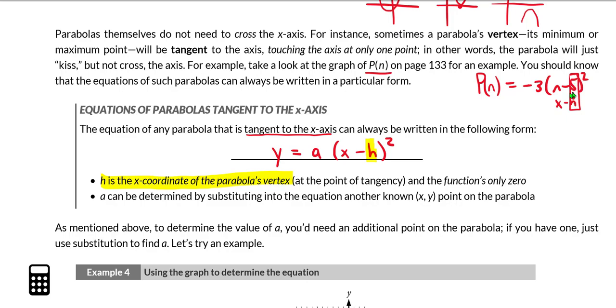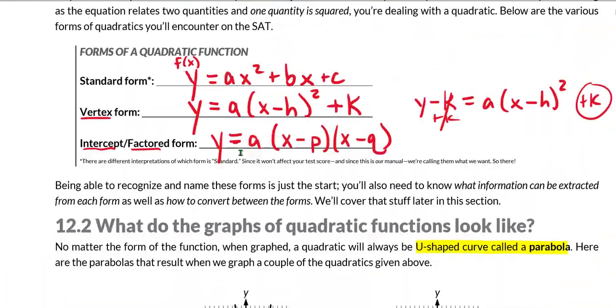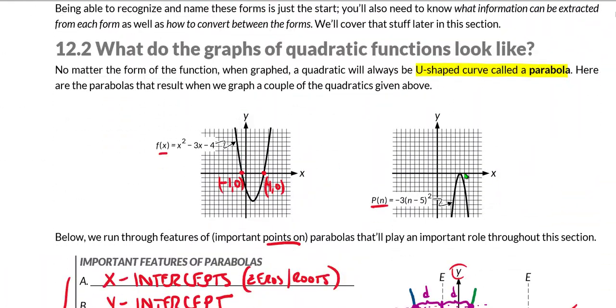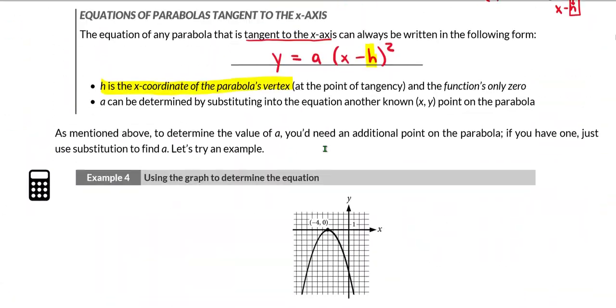So 5 is h. And indeed, if we look at that graph of p of n, we should be able to see that p of n intersects the x-axis at 1, 2, 3, 4, 5. So indeed, that 5 corresponds to the x value at which the parabola will intersect the axis.